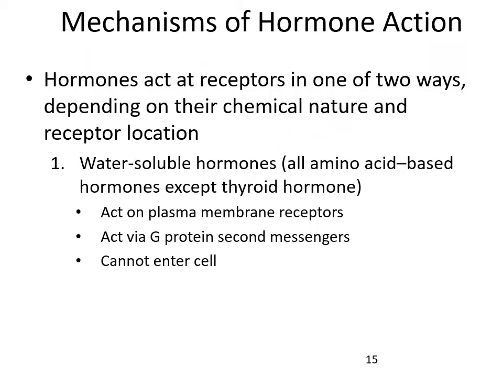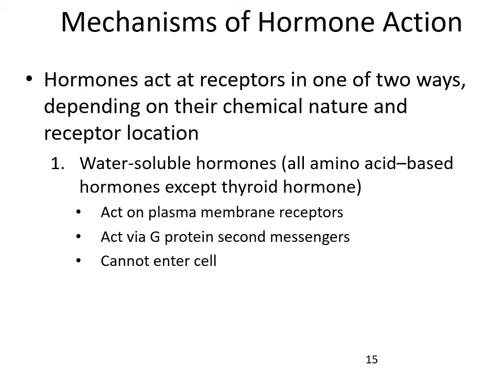Now, your mechanisms of hormone action. There's a couple of ways that hormones have their effect. Hormones act at receptors in one of two ways, depending upon their chemical nature and receptor location. Water-soluble hormones: remember that the cell membrane is a lipid. So anything that's water-soluble, all amino acid-based hormones except thyroid hormone, they act on the plasma membrane receptors.